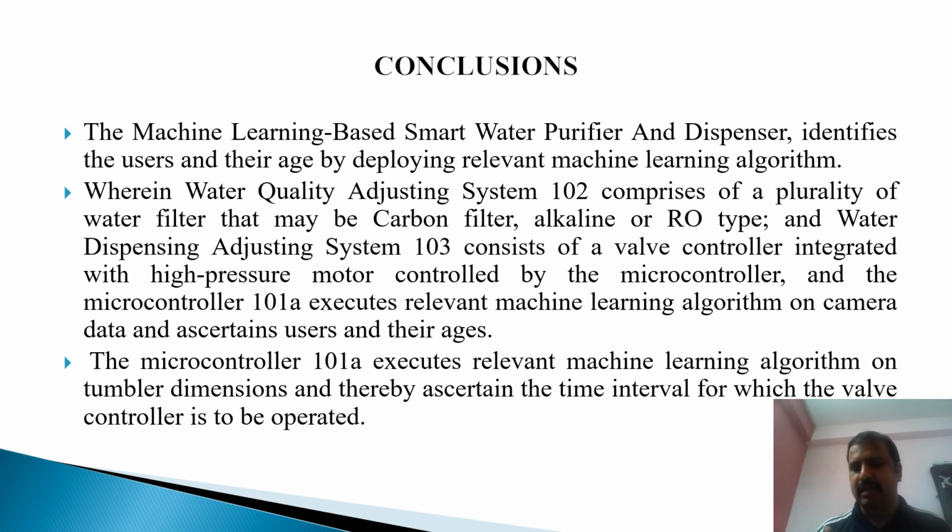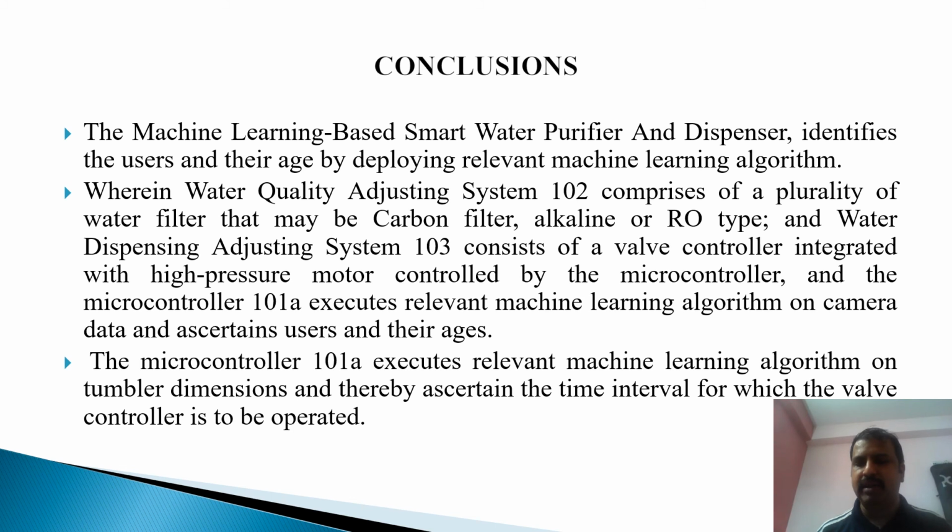Once the desired quality index is obtained, again the microcontroller 101 executes a relevant machine learning algorithm to determine the size and shape and thereby the quantity of water required to fill that tumbler.